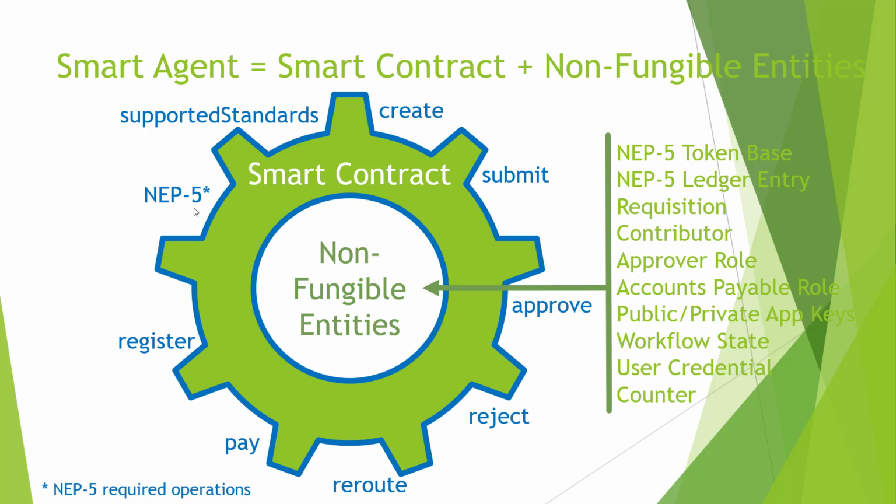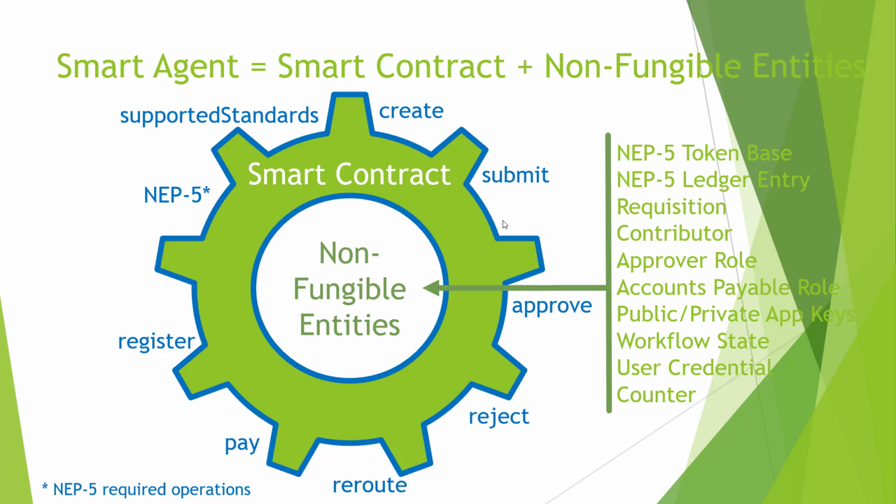And then something additional we're looking at is a new standard operation called supported standards, so that you can reach into any smart contract and ask, which standards do you support? The idea is that supported standards would return the string NEP-5 to indicate that it supports all the operations defined in the NEP-5 specification, and then there'd be a separate specification for defining the requisition operations that are in addition to what's in NEP-5.